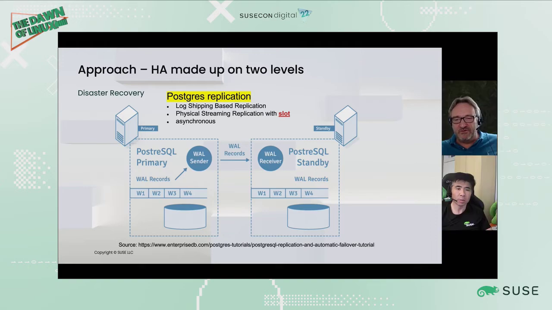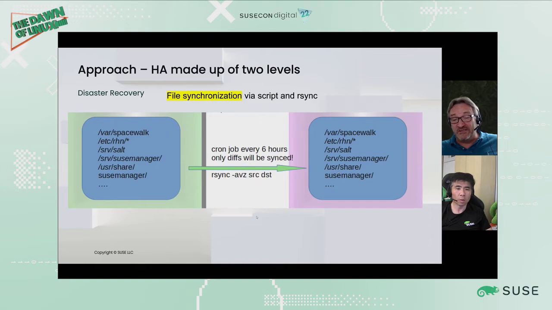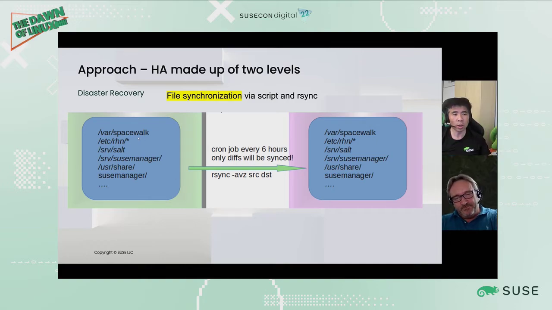Yeah, so this is for the database. But what about the files? We're talking about a large number of files, not only configuration files, but the content of the repositories itself. Yes, exactly. As we know, SUSE Manager is synchronizing and downloading content from SUSE Customer Center, and if you manage other Red Hat or Ubuntu systems, it will be downloaded through the internet in a nightly job.